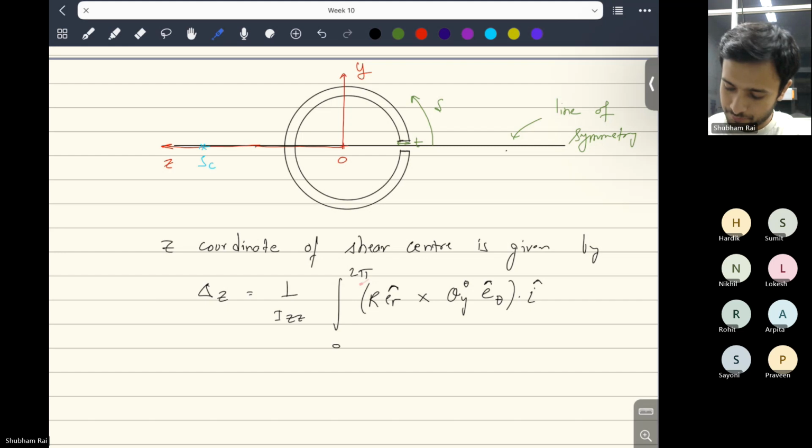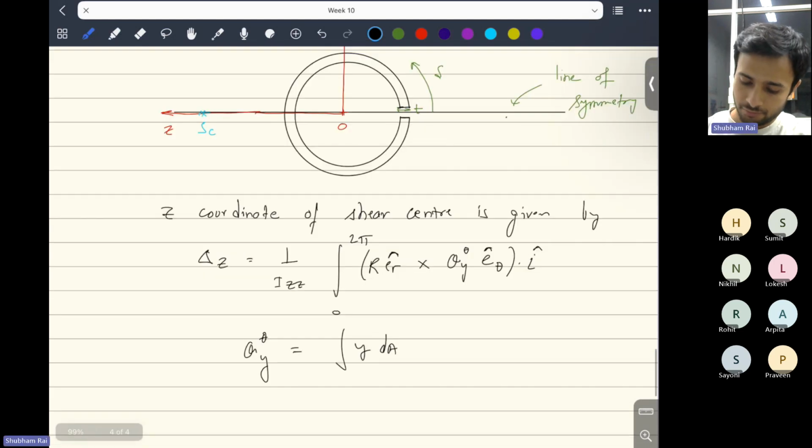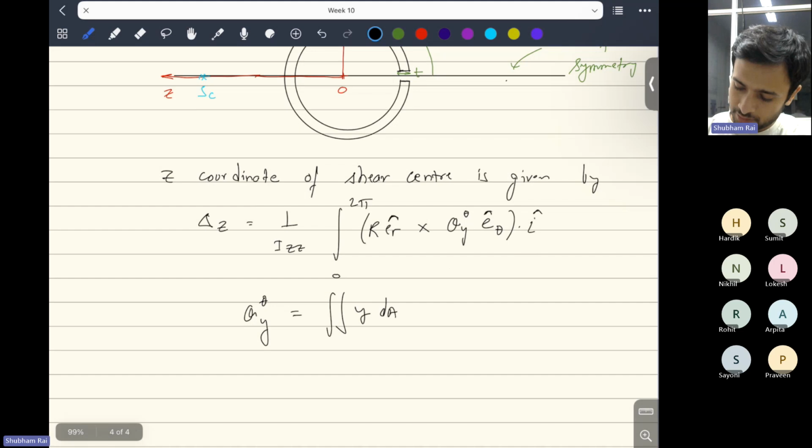Q Y theta, if you remember, was nothing but integral of y times dA. So you can say that it is first moment of area with respect to z axis. And how will you find it out? So it is an area integral, and I'm just writing double integral over here.